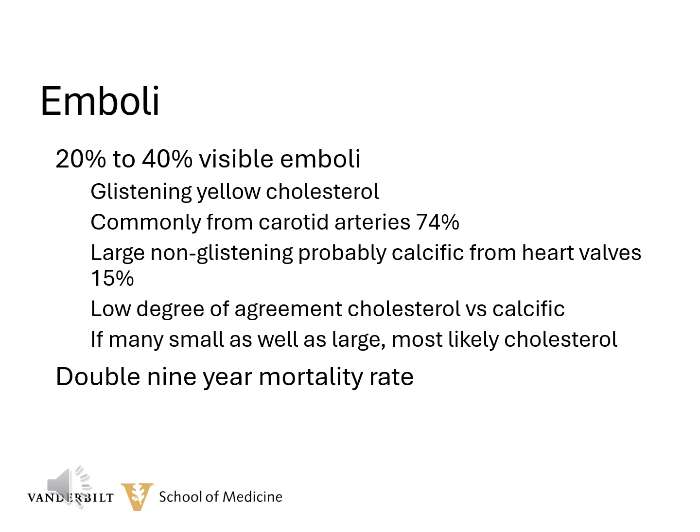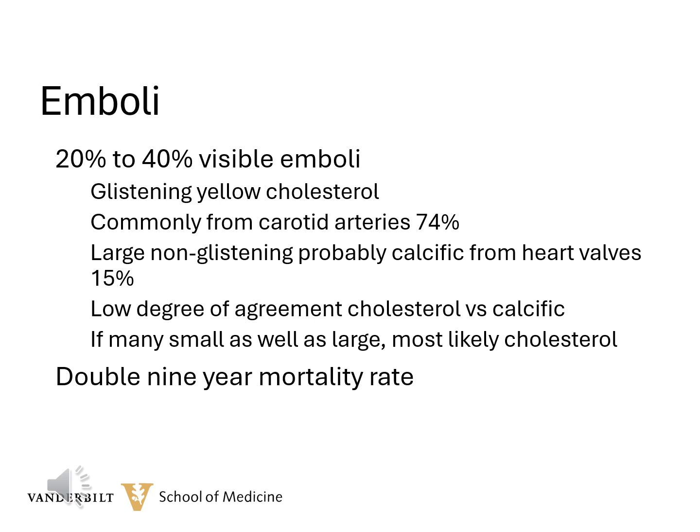There's low degree of agreement between observers whether these emboli are truly cholesterol versus calcific. If, however, there are multiple small emboli, it is most likely a shower of cholesterol emboli from the carotids.